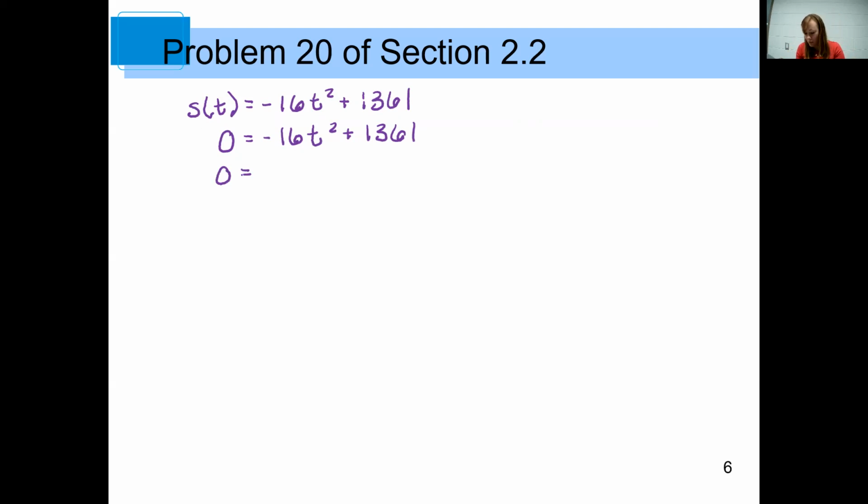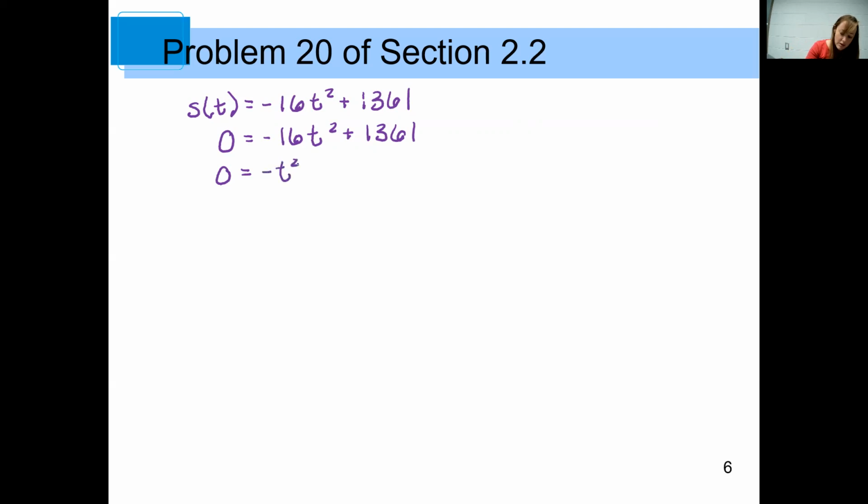At this point, I'm going to pull out a calculator just for algorithmic purposes. You could also use the quadratic formula. Right now it's not looking like a nice answer, but we have this negative t squared.